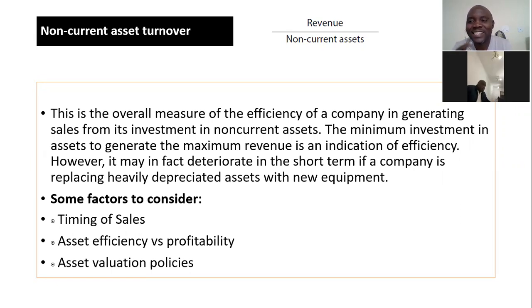But if it doesn't increase revenues, yet you're spending on CapEx, what it means is that you are spending on what we call lazy assets. These are assets that are not in a position to generate meaningful revenues for you. So the question is, what motivated you in procuring those assets?